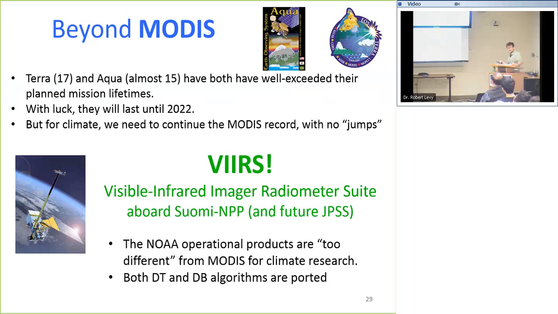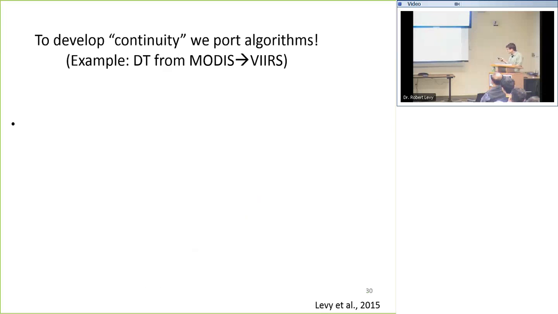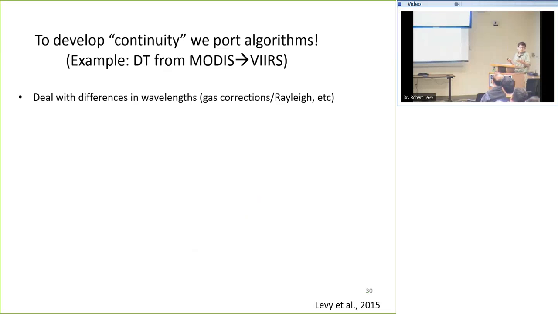And what we decided is, even though they're really good, and for many applications, if we were trying to make this long-term record, the NOAA products are probably too different from MODIS. And so we went ahead and said, can we port the algorithm almost exactly as we can?